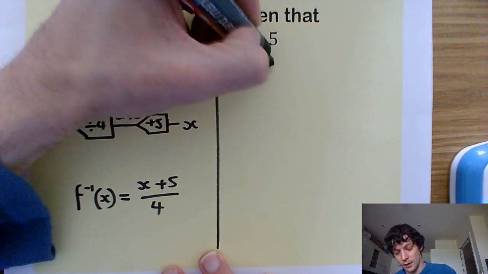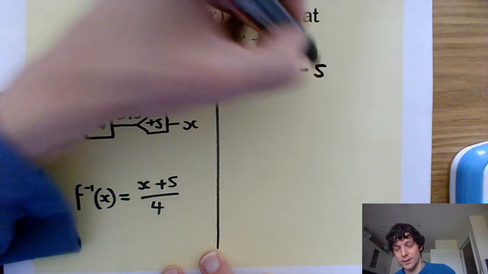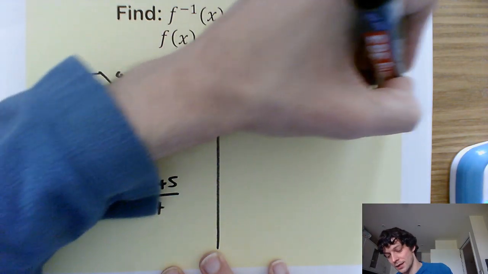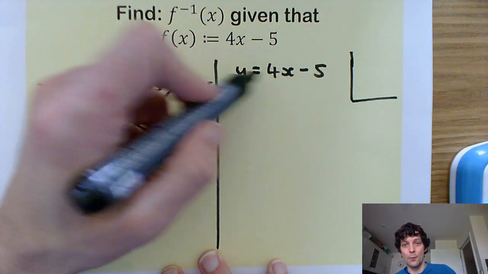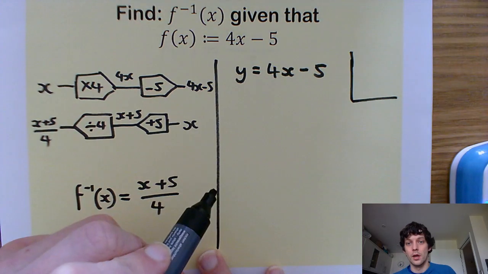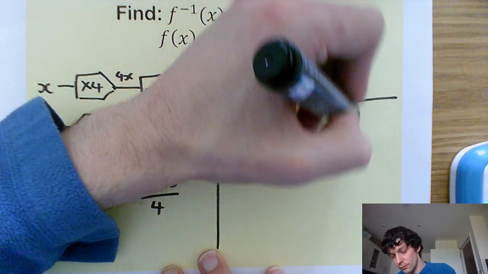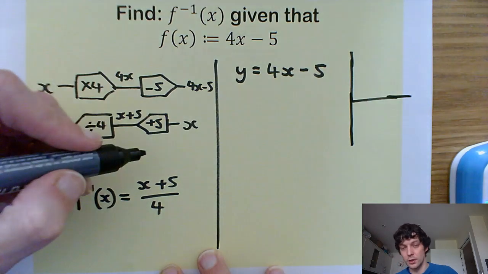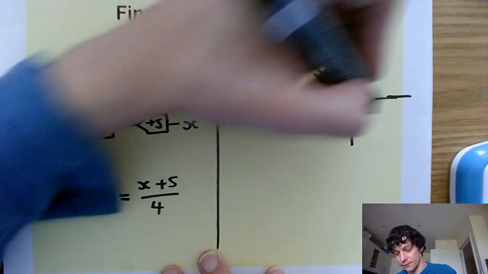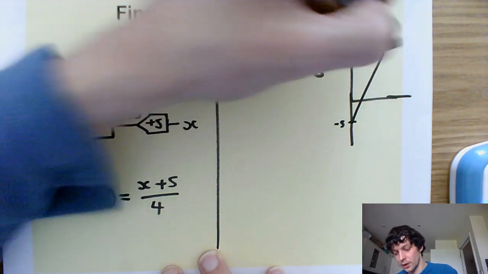So think of it as y is equal to 4x minus 5. And we've got values of x, and we're plotting them to y. So our function is taking x values to y values. If you imagine the graph here, it would have a y-intercept of negative 5. The graph would look something like that.